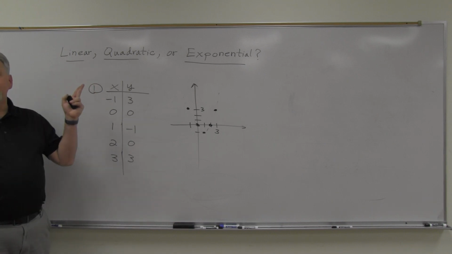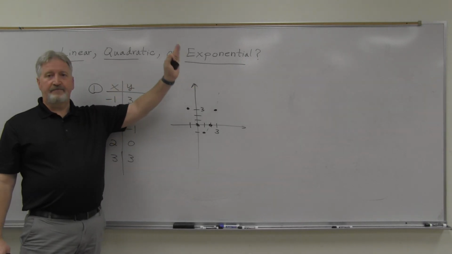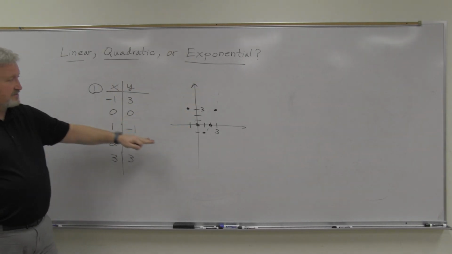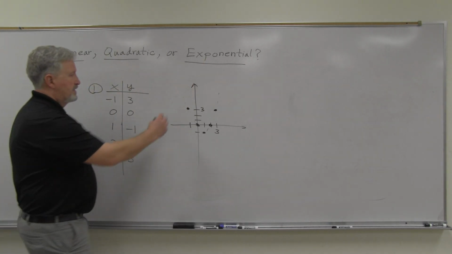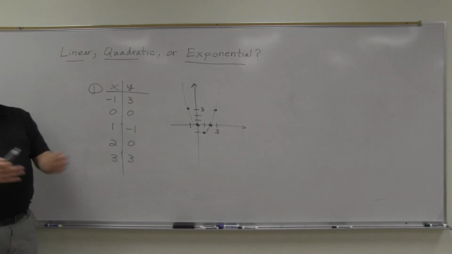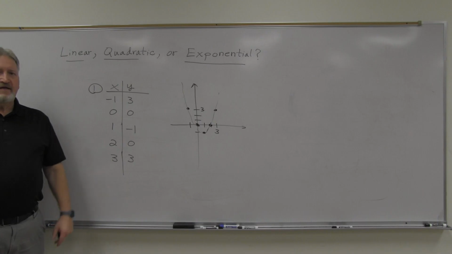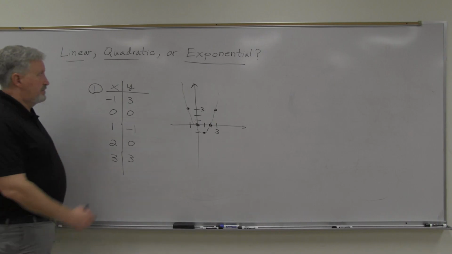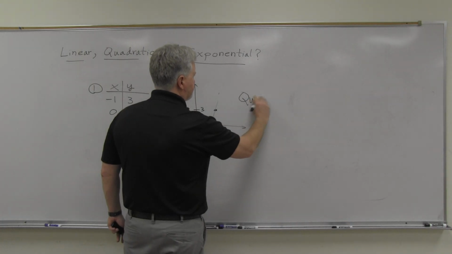Not linear, because linear is a line. Not exponential, because exponential is the hockey stick. It just goes up on one side and not both sides. This one's going up both ways. So all that's left there is quadratic. This is a quadratic in shape out of those options.